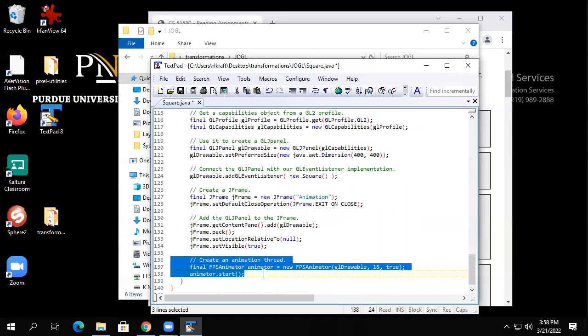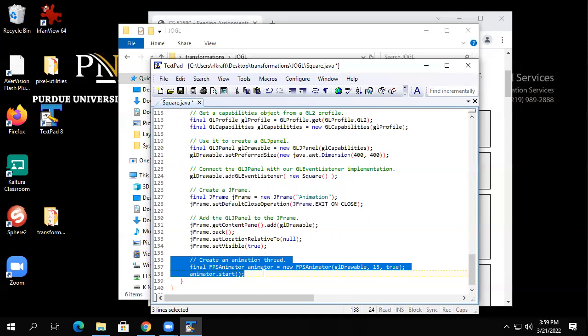And what that does is 15 times a second, it calls the display function. Since we don't have any buttons, we have the operating system essentially generate events for us. The operating system is going to essentially pretend that somebody clicked on something. This is going to create a frames-per-second animator. 15 times a second, it's going to call the display function on that drawable.